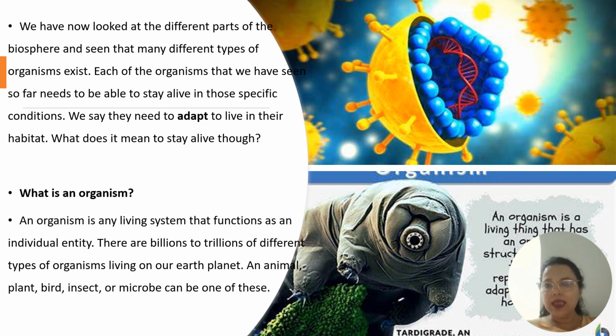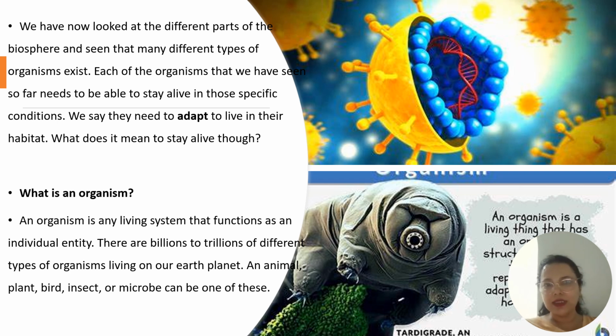So basically, an organism is all the living things on Earth that is structured. So you can see here, you have an organism. An organism is made up of atoms and molecules all together, but it is structured in a way that it forms something. For example, you are human, you are structured in a certain way to form your body.